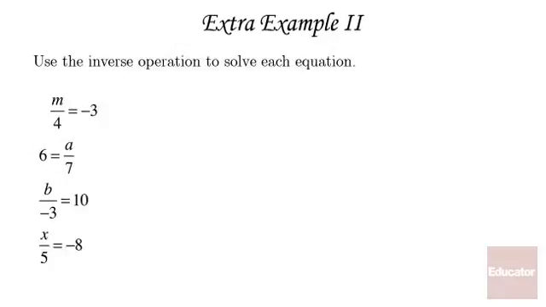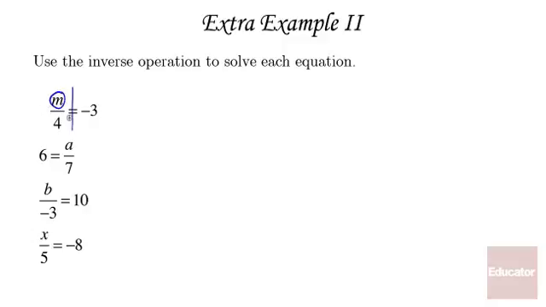Okay, so now for these examples, we're going to solve for the variable using the inverse operation. So I'm going to circle the variable, just like I did for my other lessons, and then separate the sides. Now again, this is m divided by 4.